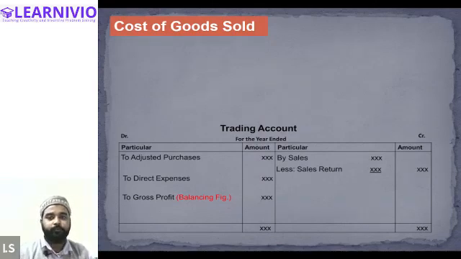Let me explain what is actually cost of goods sold. Now, what is actually cost of goods sold?